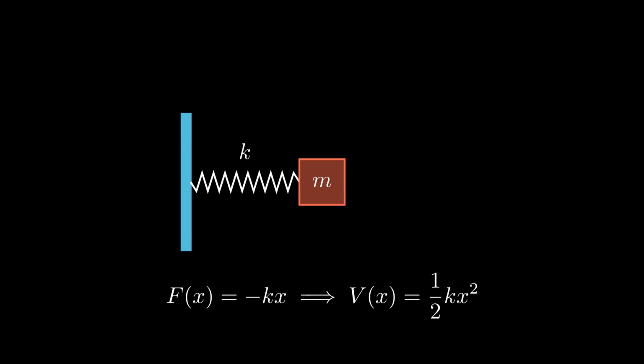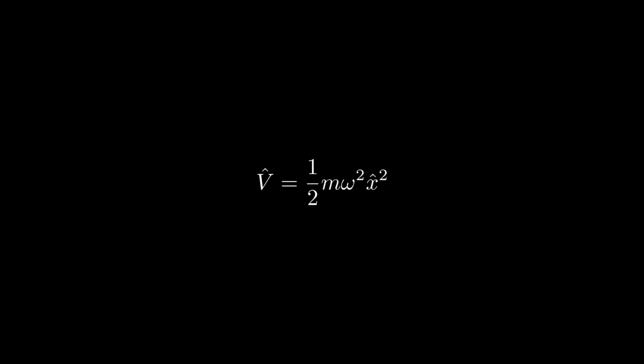This is, of course, Hooke's law. Consequently, we have that the potential energy is quadratic in x. In quantum mechanics, we define the potential equivalently, though here, by convention, I will use m omega squared instead of k based on the classical relationship between the angular frequency and spring constant. Hence, we get the following quantum Hamiltonian.